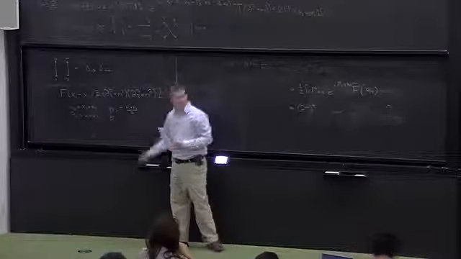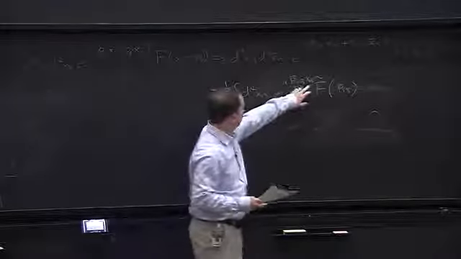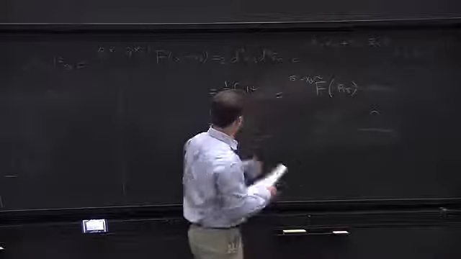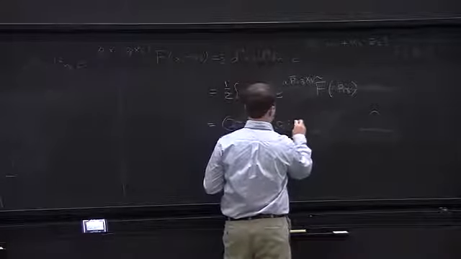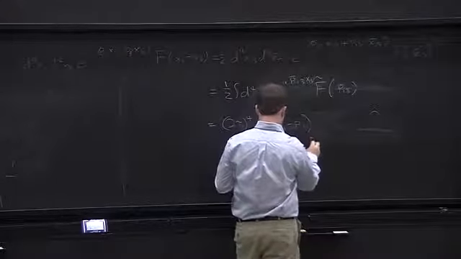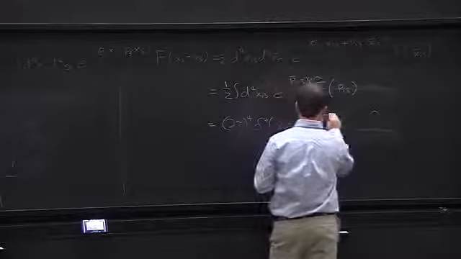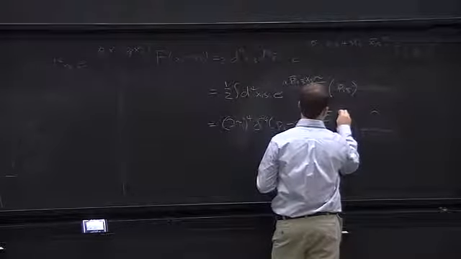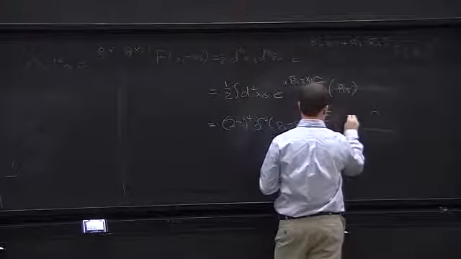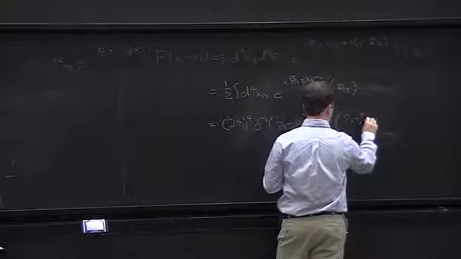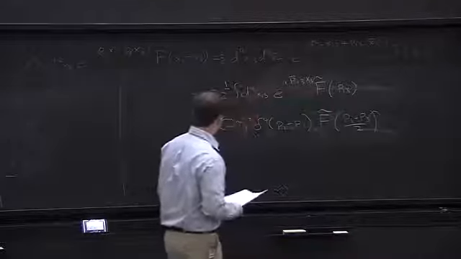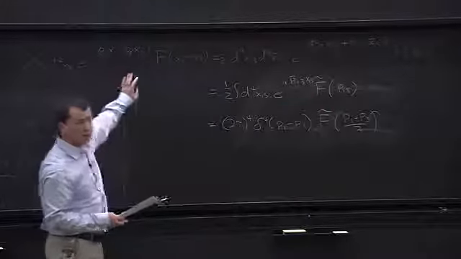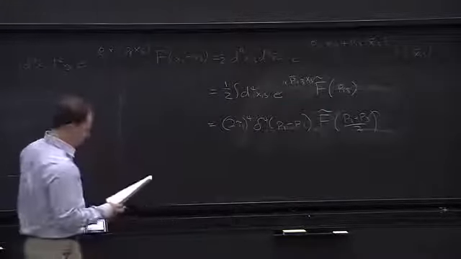So we'll have to multiply by a factor of 2 to go from a delta of p13 bar to a delta of p1 minus p3. And here we get f tilde of p1 plus p3 over 2. And similarly for the x2 and x4 integrals.